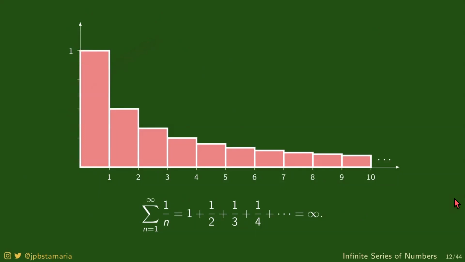Hindi lang siya mukhang square, kasi nakabanat siya sa y-axis. Okay? Ang area nito 1, ito 1 half, ito 1/3, 1/4. Kita nyo, papaliit naman ang papaliit, pero yeah, ang sum ng mga pink rectangles na yan, ano, infinite, right? Infinite pa rin. Yeah, that's the sad truth.